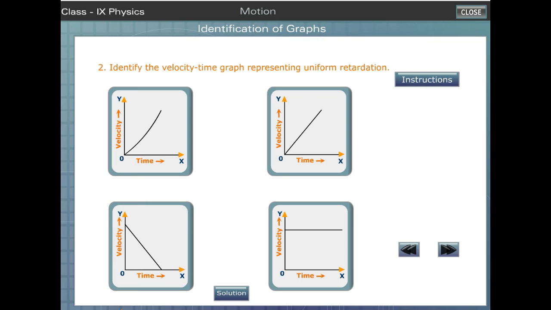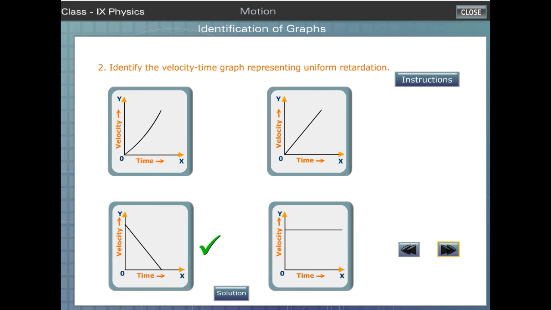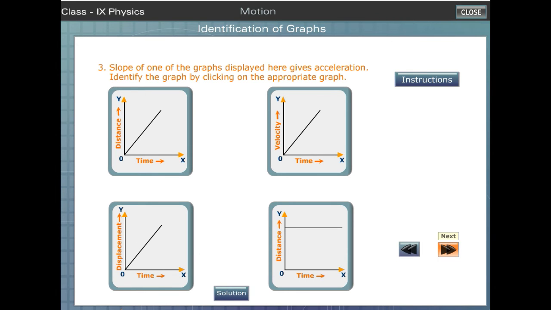Identify the velocity time graph representing uniform retardation. Slope of one of the graphs displayed here gives acceleration.